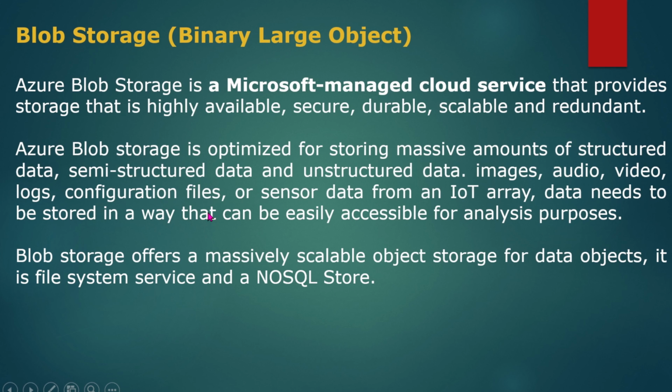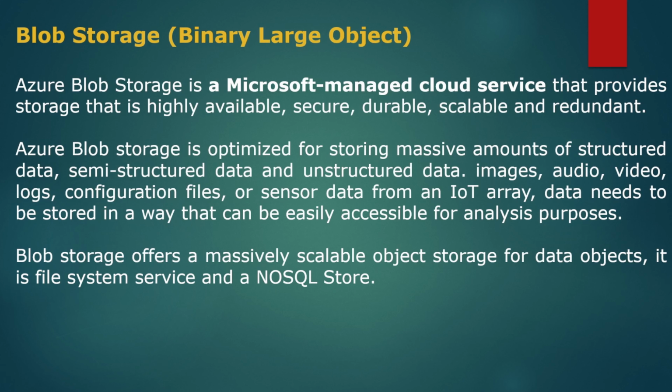One more thing, blob also contains comprehensive data management. Using this, it allows us to optimize the storage cost by using different access tiers, called hot, cold, and archive tiers. So what are the scenarios in which you will use blob?